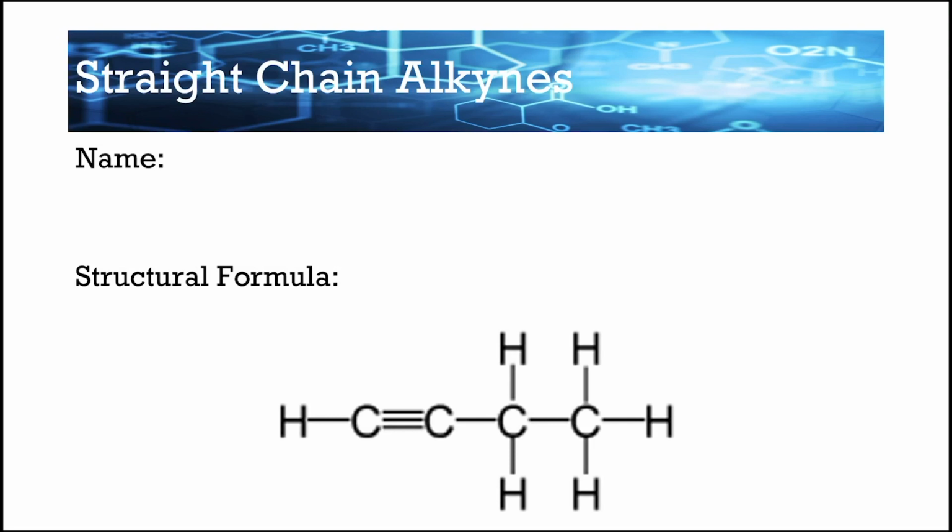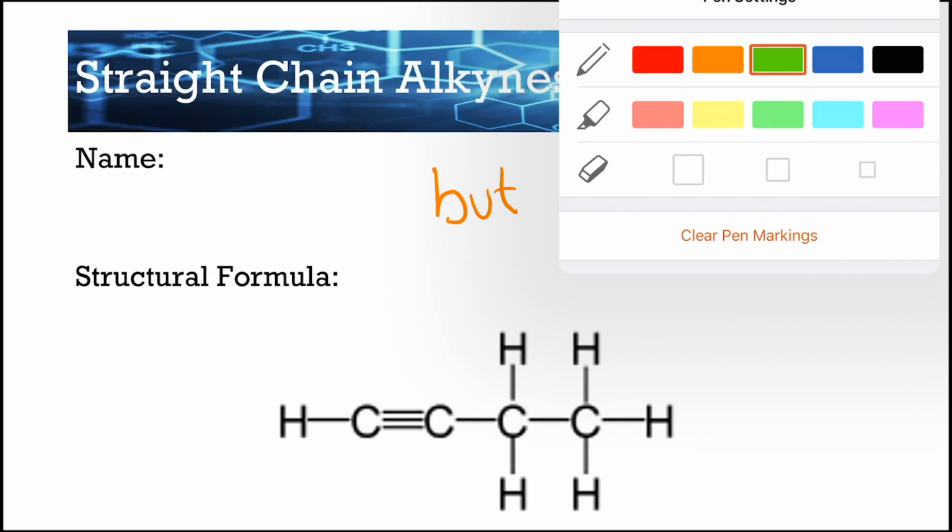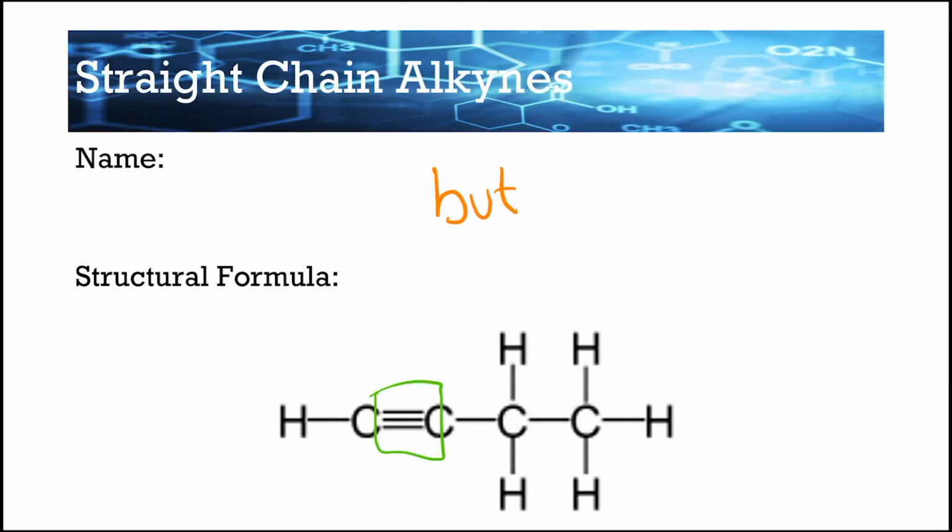Okay, next one, here is another lovely structural formula. Let's name this. So first step is naming the carbon chain. There are 4 carbons, and so we use but, which is not but, it is but. And then we have this triple bond, so we name it Y-N-E at the end.